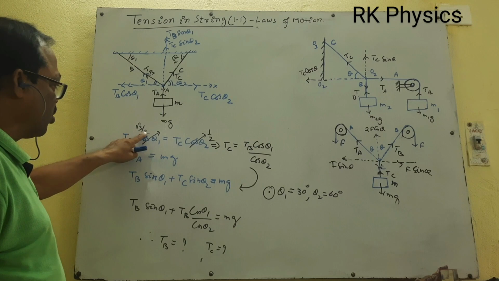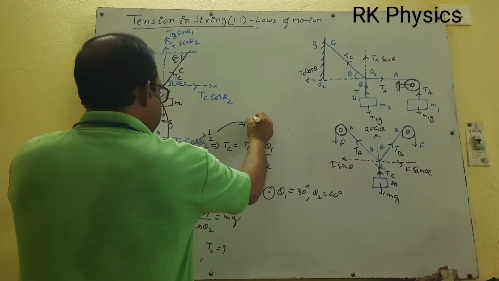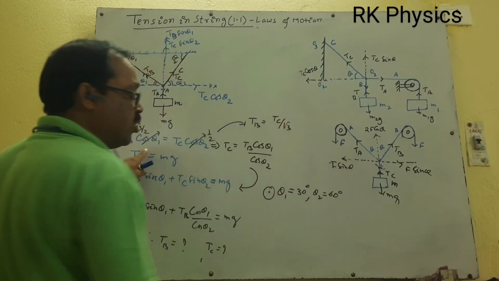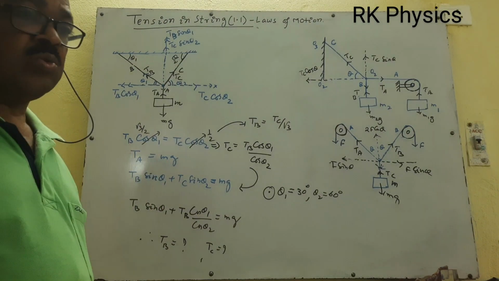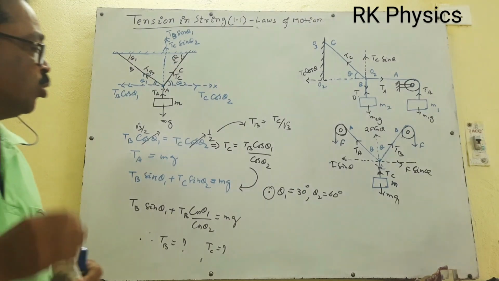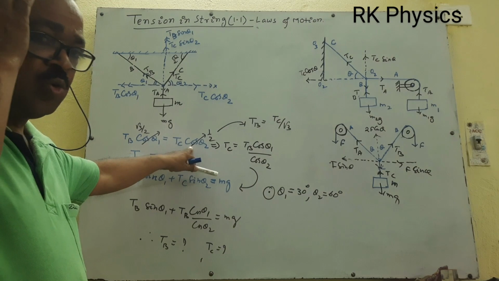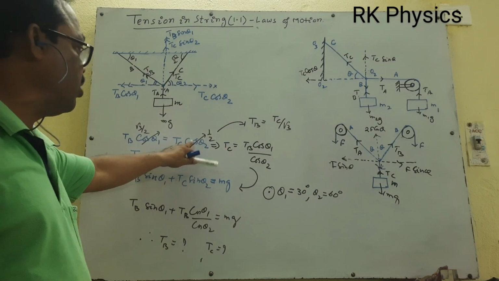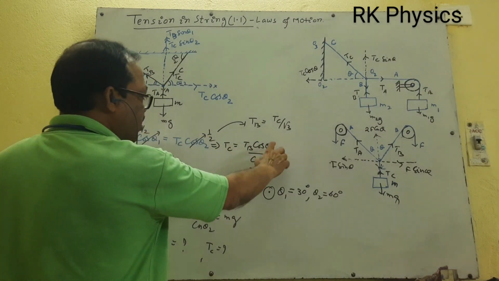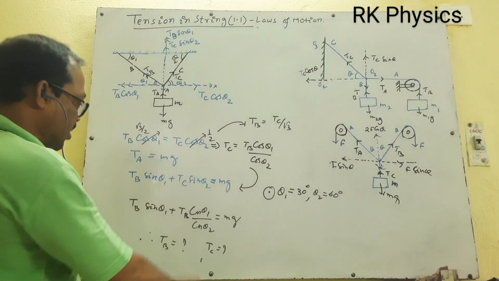Therefore TB root 3 by 2 equal to TC half, so from this equation you get TB equal to TC divided by root 3. So it is easy for you. While solving tensions in strings, use the values directly. Keep this formula in mind and substitute the values, so that instead of writing the lengthy equation, it is possible to get the relation between TB and TC.